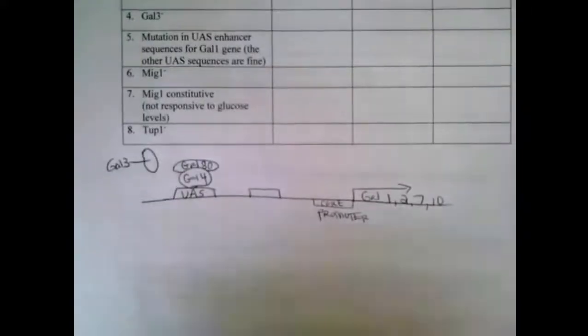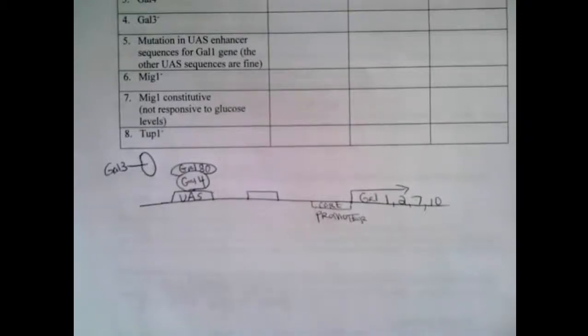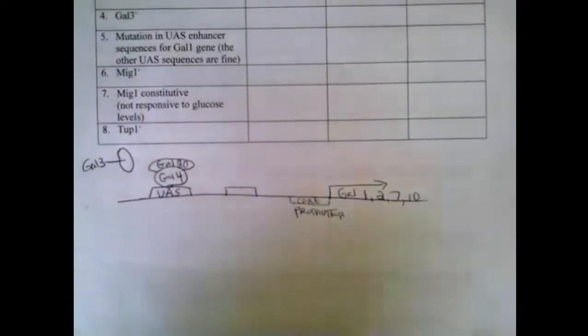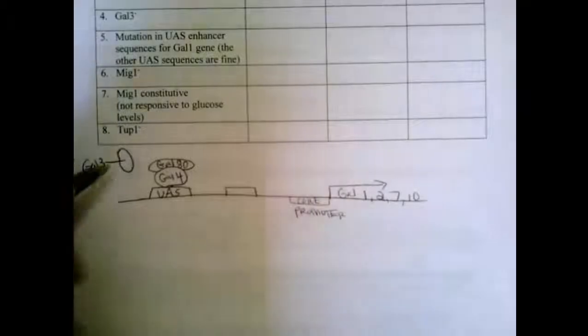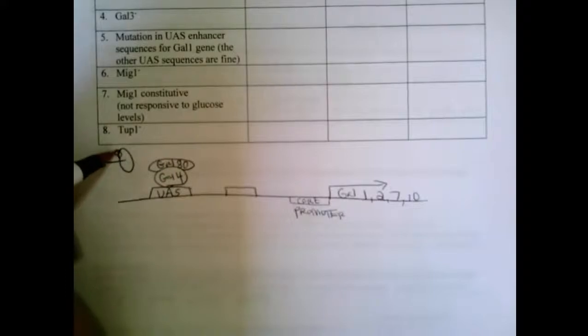Then there's a third part to this, and this one would be GAL3. GAL3 is the thing that binds to the sugar galactose.